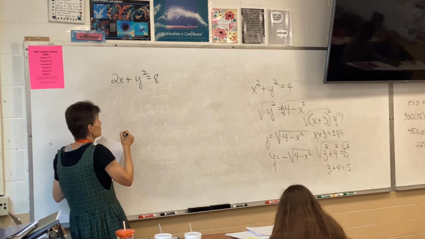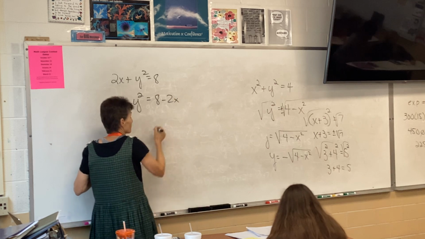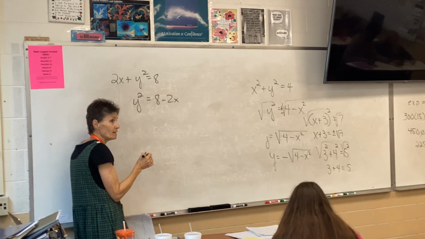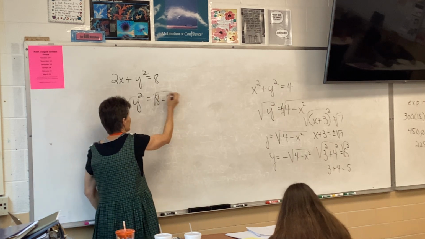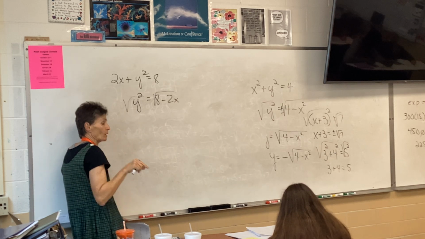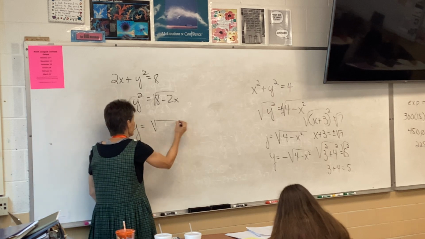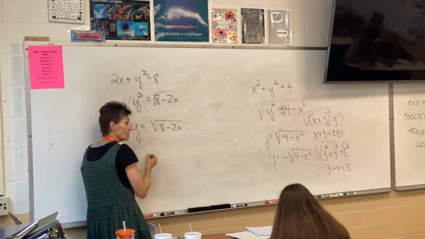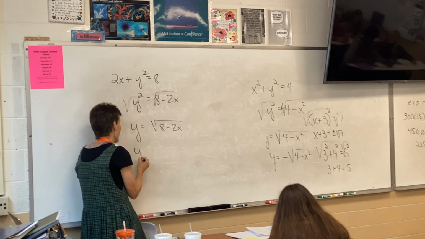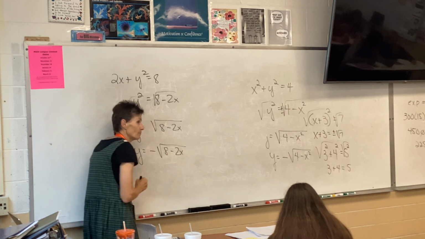We're going to subtract 2x. Everybody with me? And we're going to square root. We're going to get 2 separate equations, which we're going to write separately because we're going to put them in separately. y equals positive square root of 8 minus 2x, and y equals negative square root of 8 minus 2x.